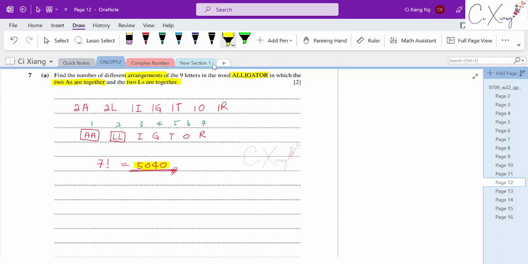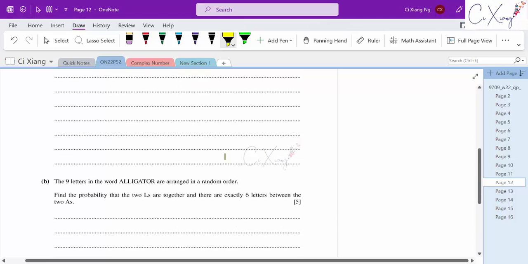For this question, you do not need to consider the arrangement inside the group of A and the group of L because they are identical letters. We just need to calculate the overall number of arrangements. With 7 items, the formula is 7 factorial. So this is how we answer question 7A.